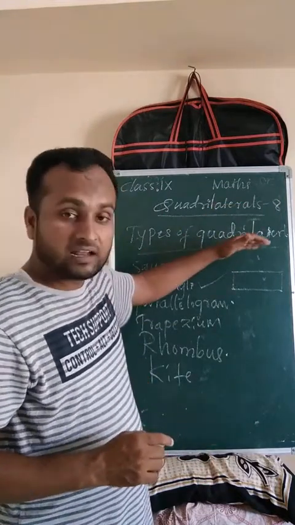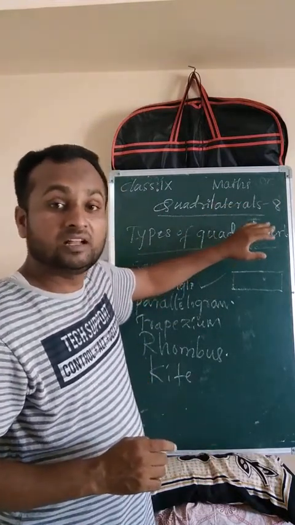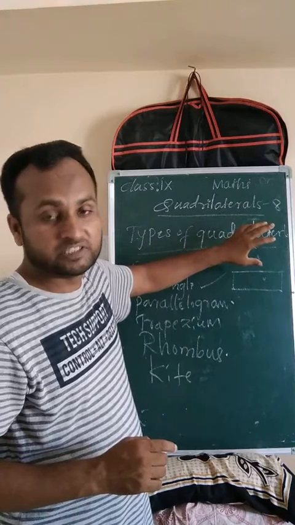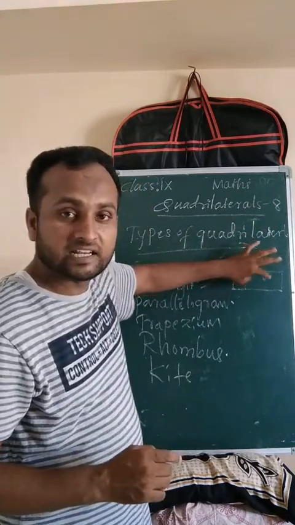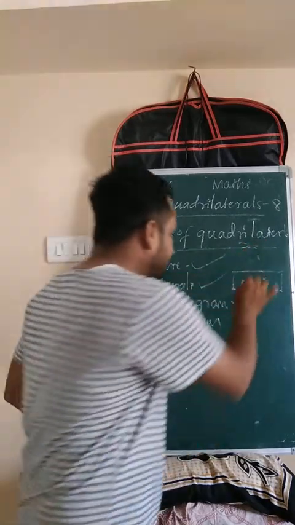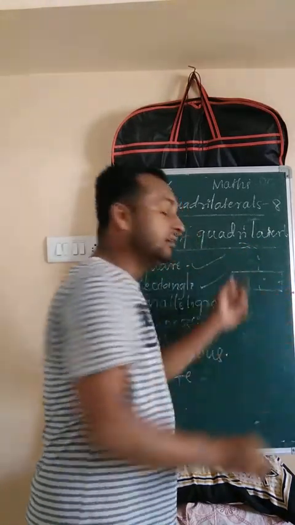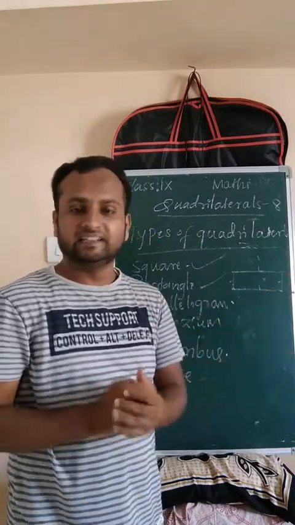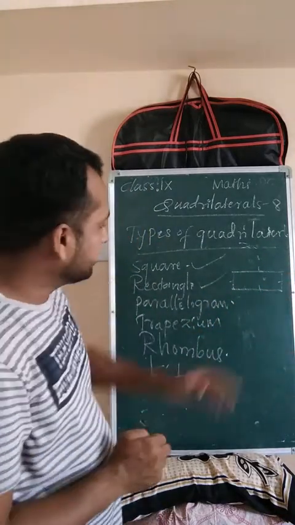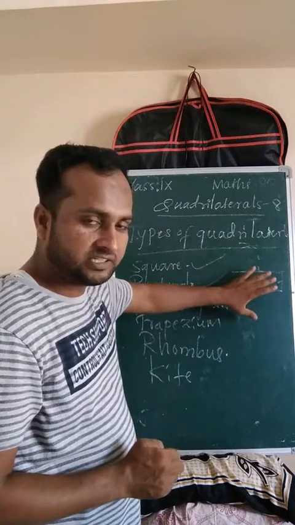In a square, all sides are equal and each pair of opposite sides are parallel. But in the rectangle, only opposite sides are equal and parallel. One more point here, each angle of a rectangle is 90 degrees. Clear? These are the definition and properties of the rectangle.